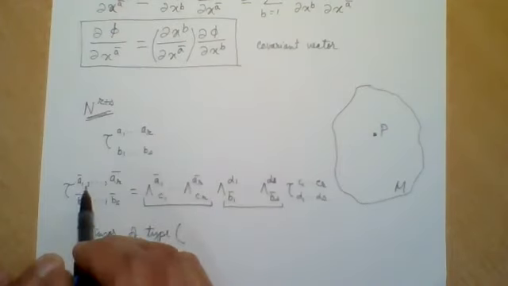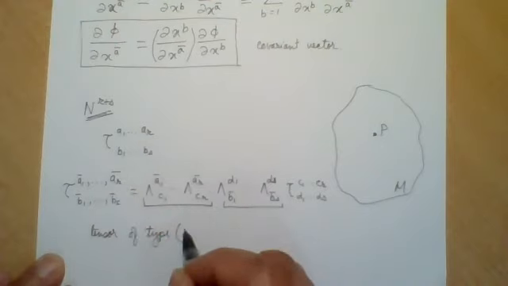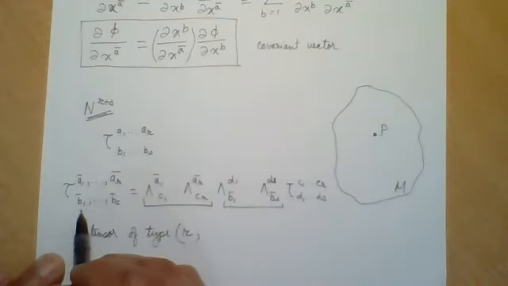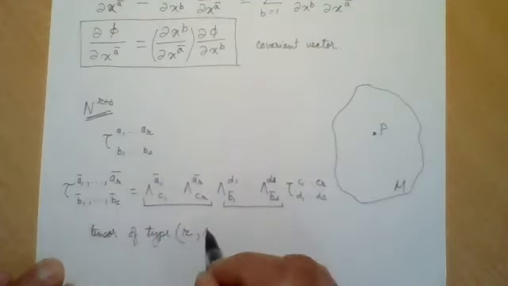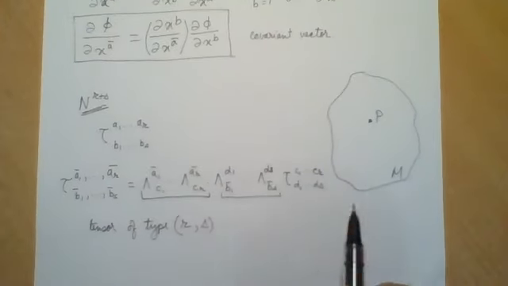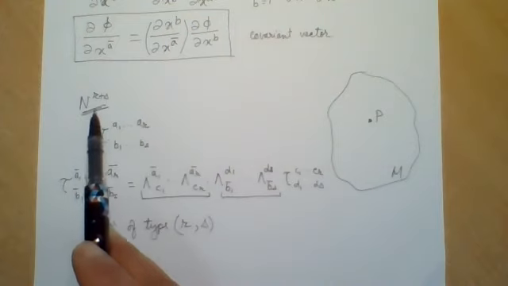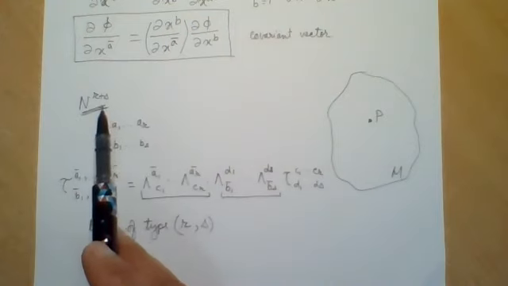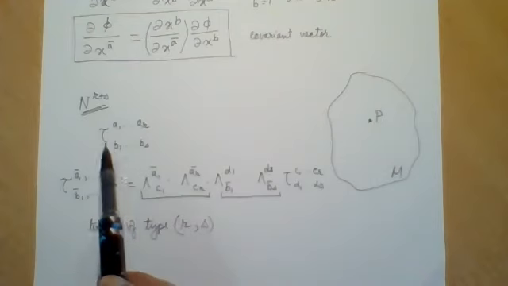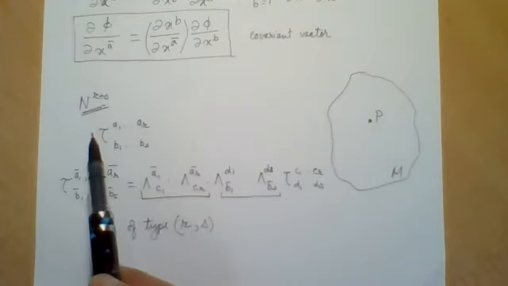r, s. So I have a quantity which has n to the power r plus s components, and the components of the quantity are represented by this symbol.